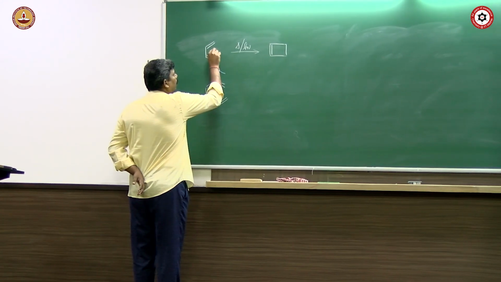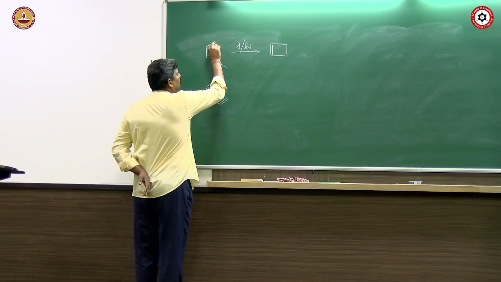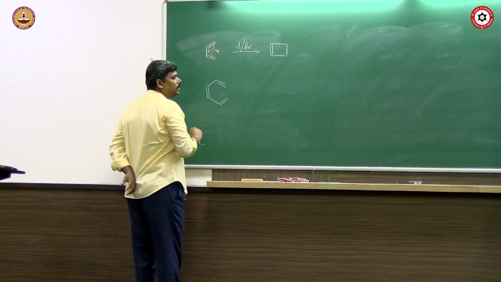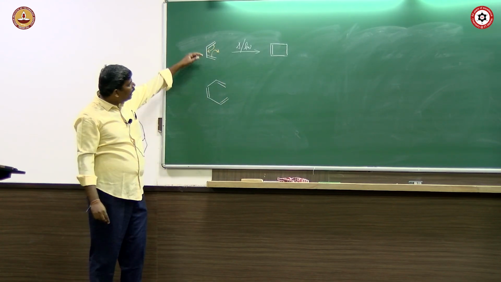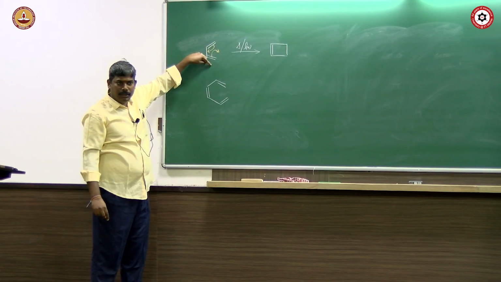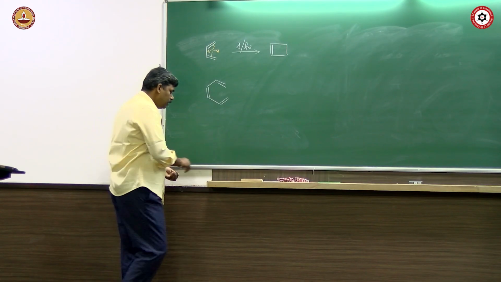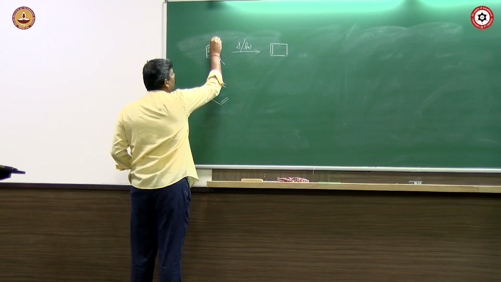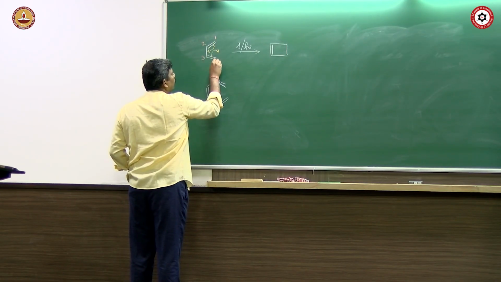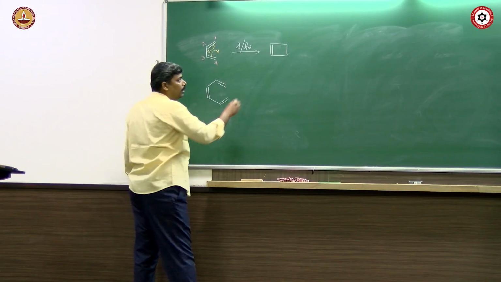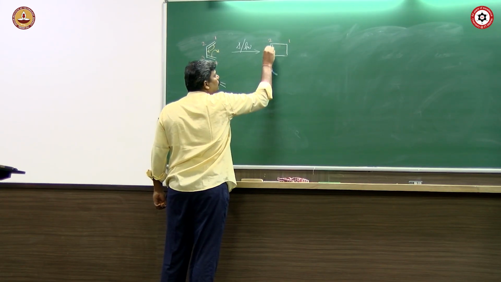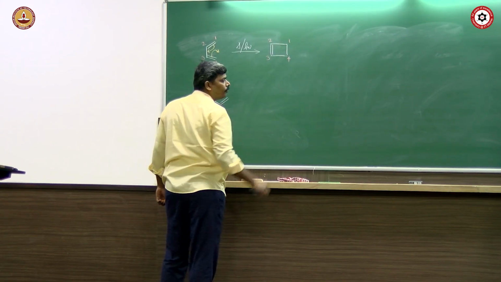So I can probably show it this way, which means I'm breaking both the double bonds and creating a bond between, if I number this, 1, 2, 3 and 4.